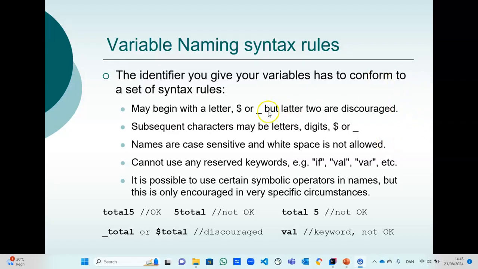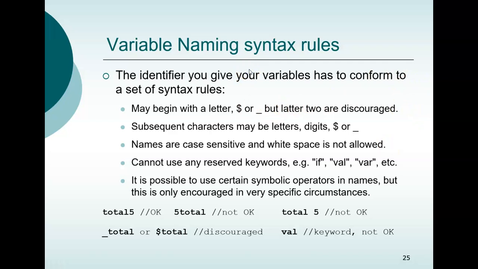Okay, now let's look at naming variables, the syntax and the rules. The identifier you give to your variables has to conform to some syntactical rules. For example, your identifier or variable name must always begin with a letter, a $ sign or an underscore. But Scala discourages using a $ sign or underscore to begin a variable name, though you can use it.